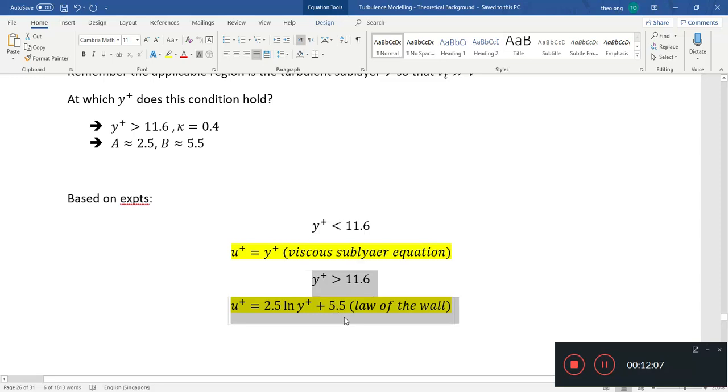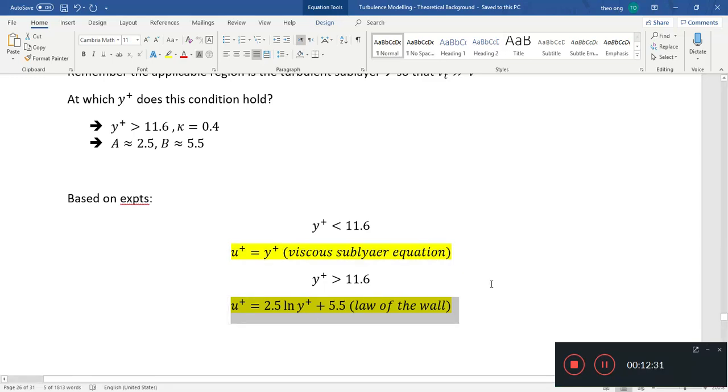U plus equals 2.5 ln y plus 5.5. This is also known as the law of the wall, or the log law of the wall. So we will have a sharp transition here from u plus equals y plus to u plus equals some logarithm function of y plus, some linear log function.